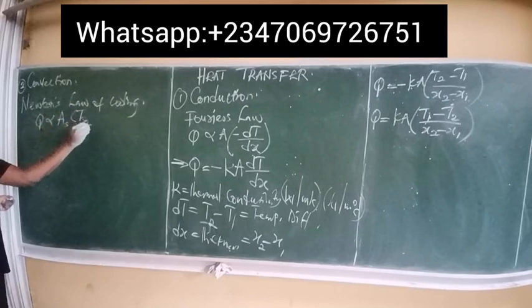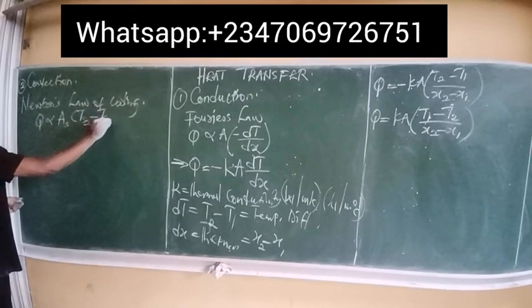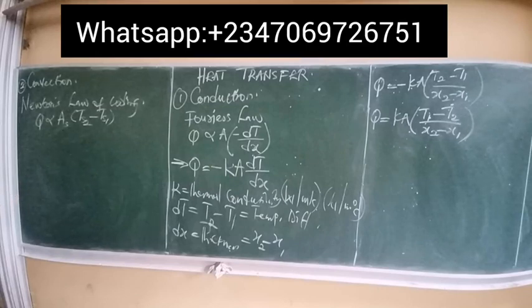So you can simply call this Ts2 minus Ts1, temperature at state 2 minus temperature at state 1. If we remove the proportionality sign, of course, we'll always introduce a constant.